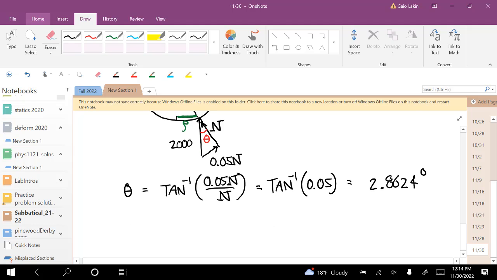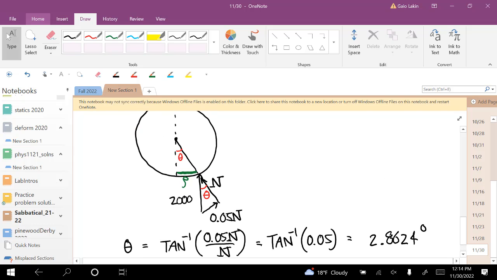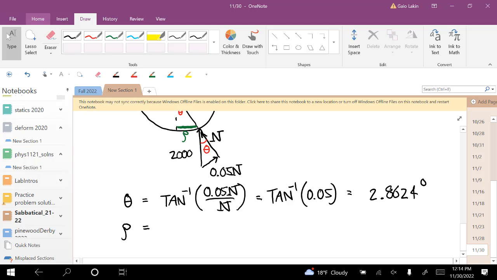Okay, and now that row vector, well, it's not a vector, that row distance is, the radius of this is 0.01. So rho is equal to 0.01 times the sine of 2.8624. Can you calculate that for me?